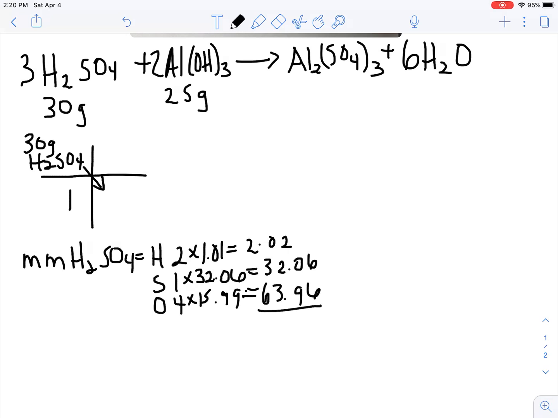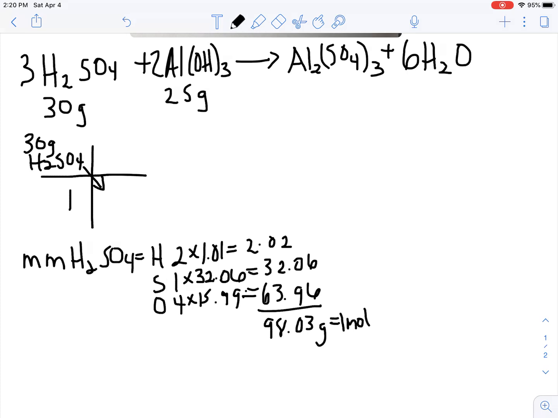The last step is to add them up: 63.96 plus 32.06 plus 2.02. That gives me a total mass of my compound of 98.03 grams, and that always equals 1 mole.